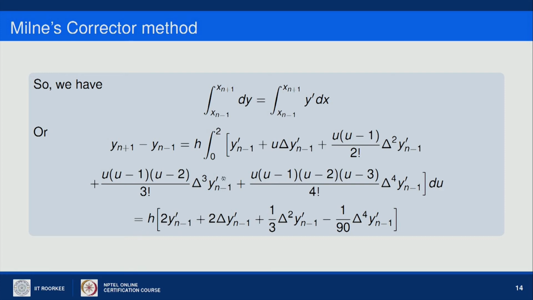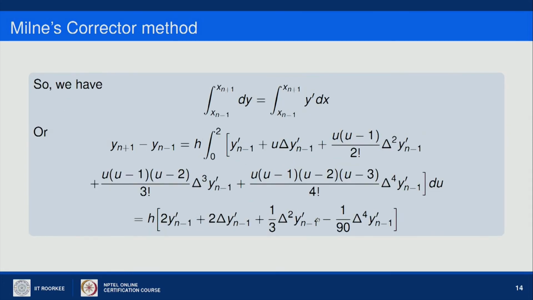So, finally, after integrating with respect to u and putting the upper limit of u as 2 and lower limit as 0, it comes out as h times 2 times y prime n minus 1 plus 2 delta y prime n minus 1 plus 1 by 3 del square y prime n minus 1 minus 1 upon 90 del raised to 4 y prime n minus 1.